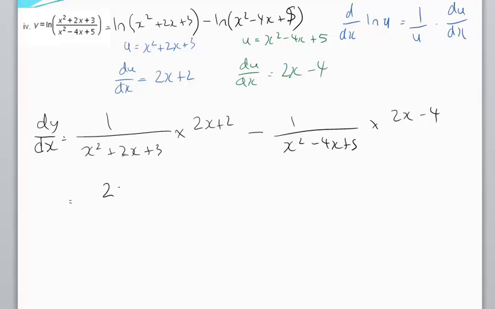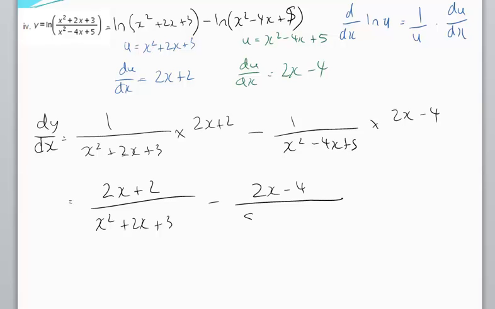So here we're going to get 2x plus 2 on x squared plus 2x plus 3 minus 2x minus 4 divided by x squared minus 4x plus 5.